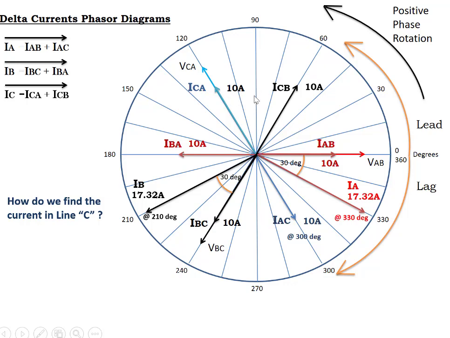We could find that line current fairly easily by taking the phase current times √3, and I would have 17.32 amps located right at 90 degrees. We can use the math to prove it.